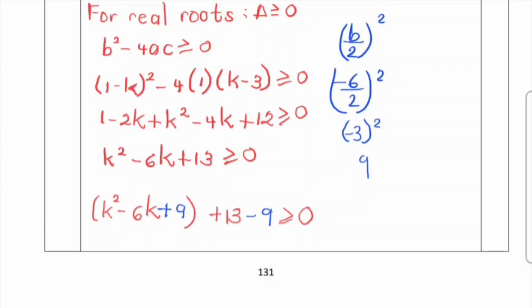From here, we're going to factorize. And when we factorize, we would have this bracket squared. So when we factorize this trinomial, we're going to have a binomial squared. If you're not sure what to use inside that bracket, remember it comes from your second last step. So our second last step was minus 3. Here we've got 13 minus 9, which gives us 4.